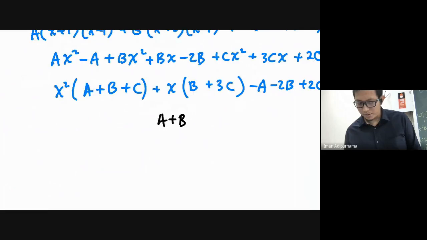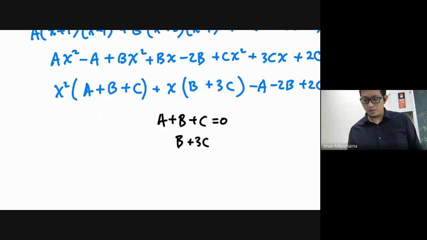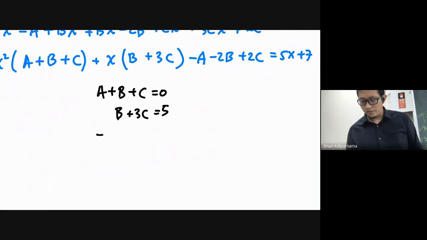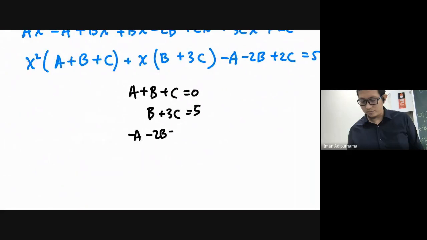A plus B plus C is 0, okay? B plus 3C is 5. And negative A, negative 2B, and then plus 2C is 7.